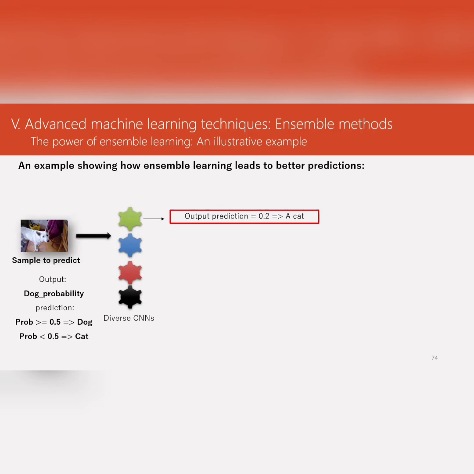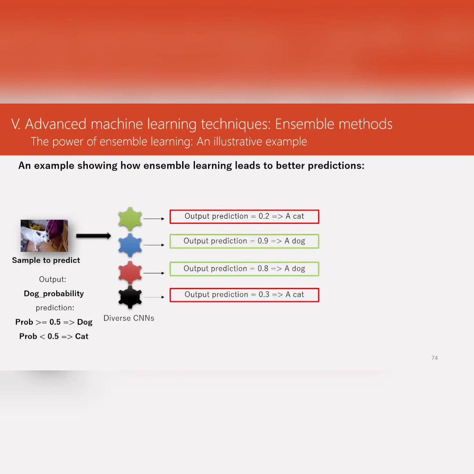Now, let's check the outputs of other classifiers. Well, we can see that two models correctly classify our input image. So averaging all these predictions will lead to a final correct prediction since it is higher than 0.5, which means a dog.